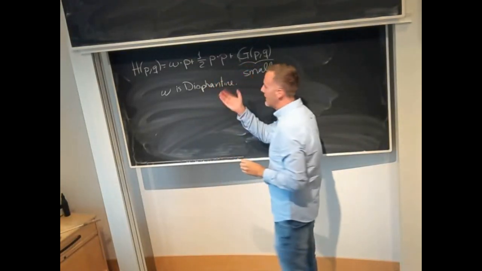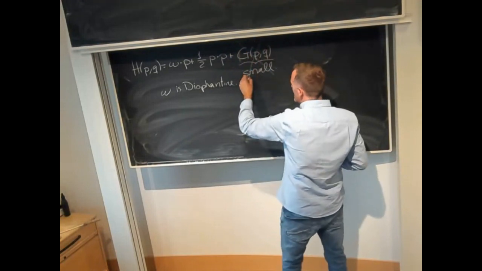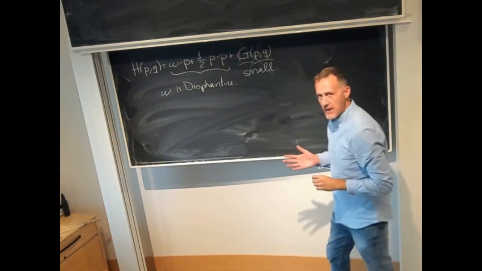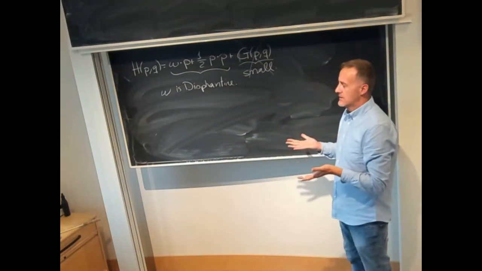Okay, what we would like to have is that this term didn't exist, so this Hamiltonian is the one that describes the dynamics. Okay, so let me reformulate this statement.